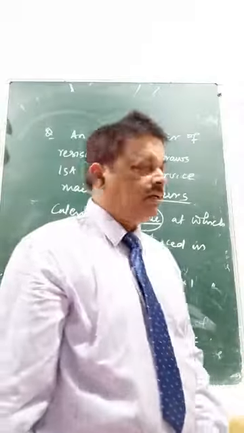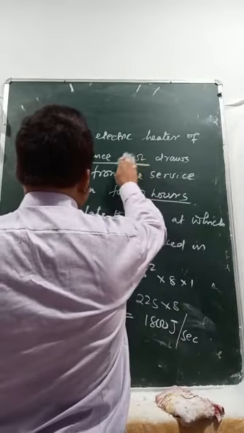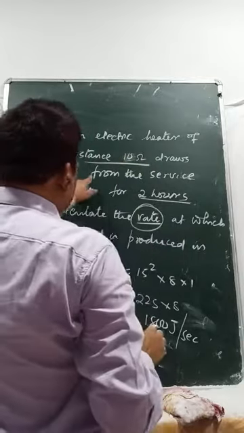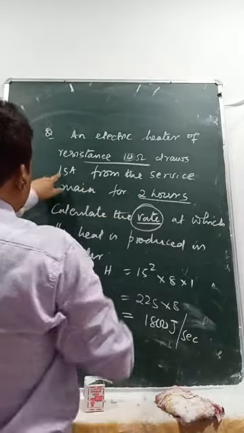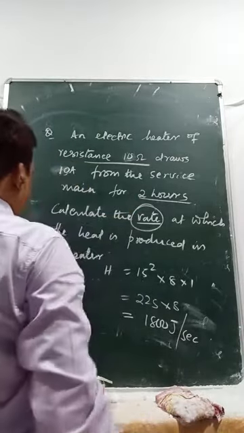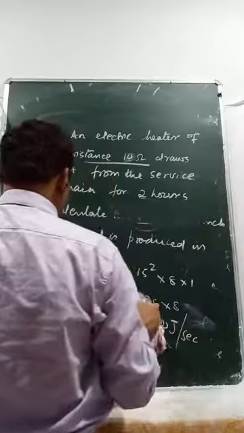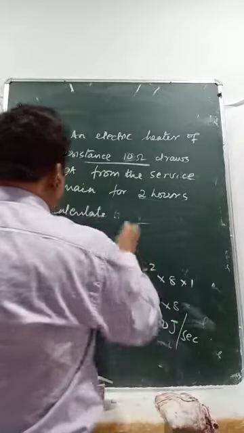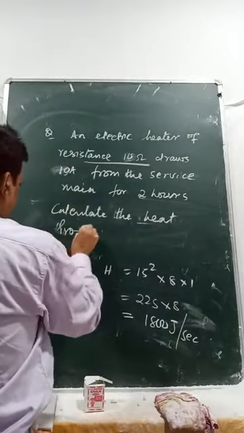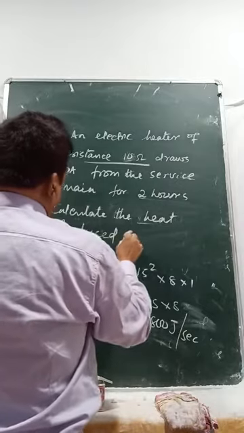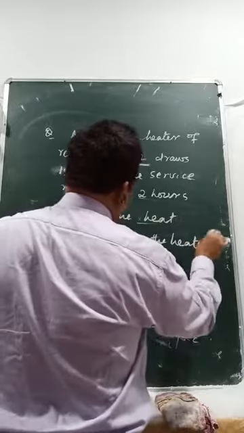But if I take another question, service main for 2 hours, instead of 15 ampere you write 10 ampere, calculate the heat produced by the heater, means total heat produced.